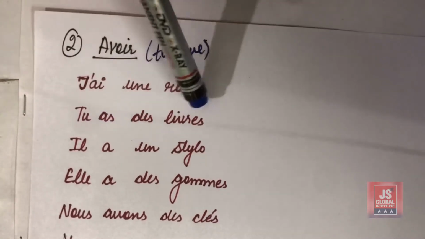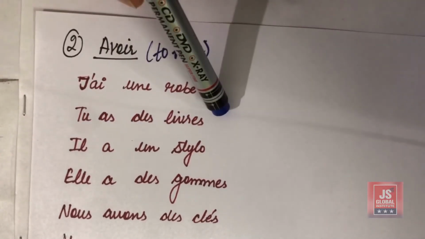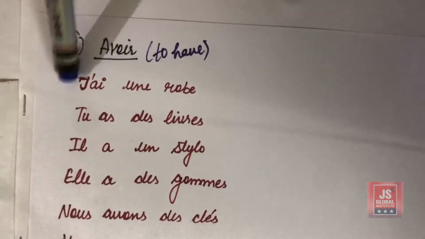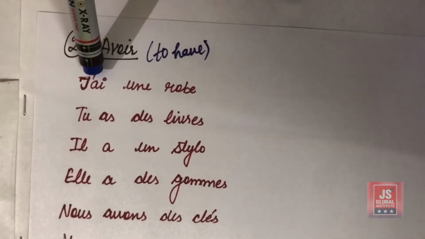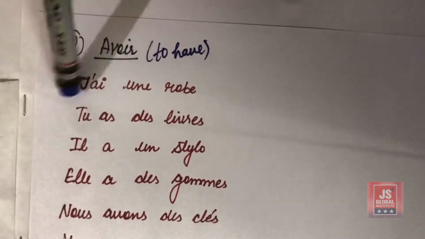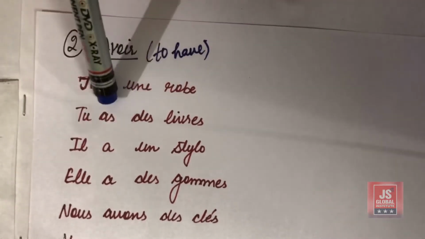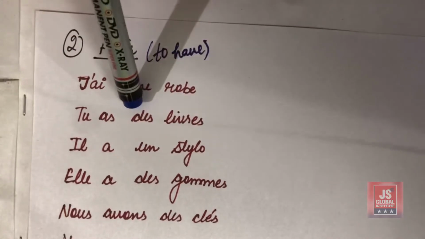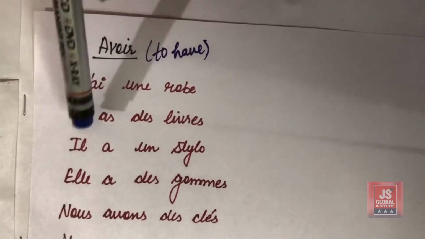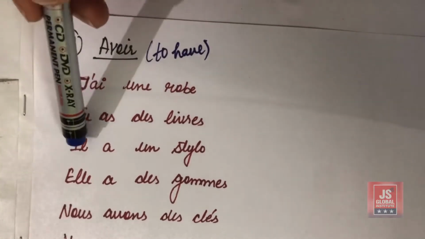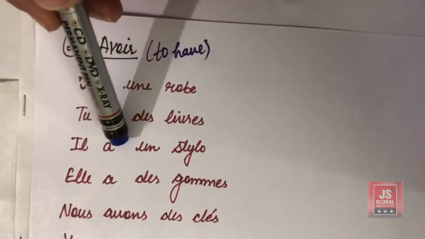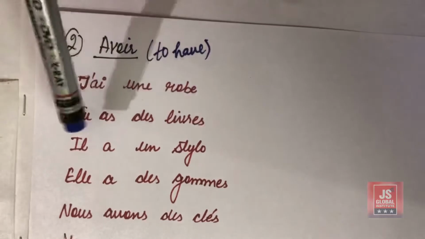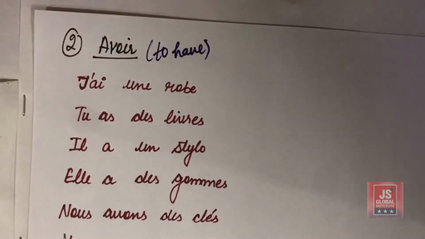Tu as des livres, you have the books. So here you can see in the above two sentences the structure remains the same as that of the être verb, that is initially there is subject, then there is verb, and then there is the object. Okay, moving on to the next sentence, that is il a un stylo, that is he has a pen. Which means possession of something.